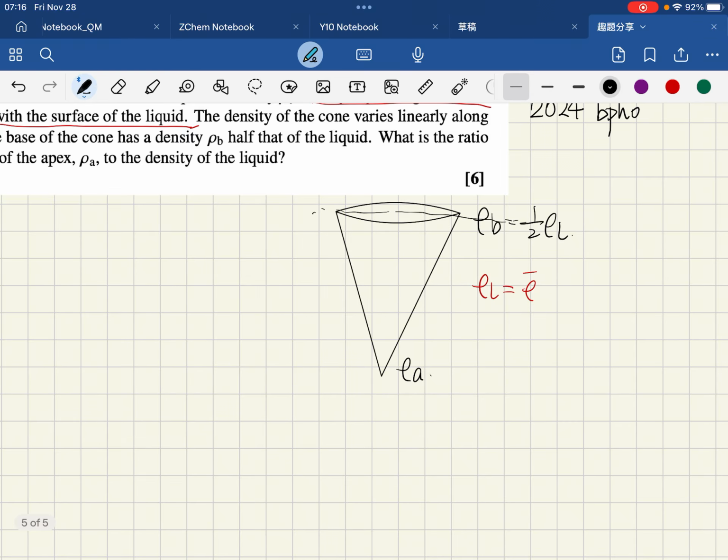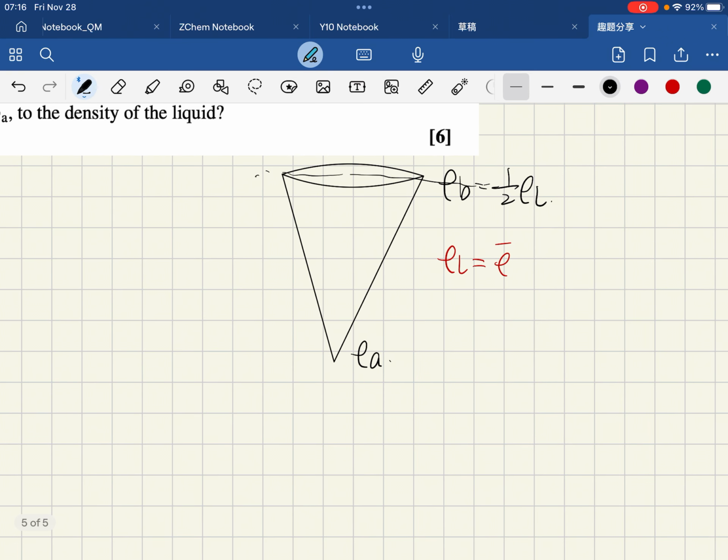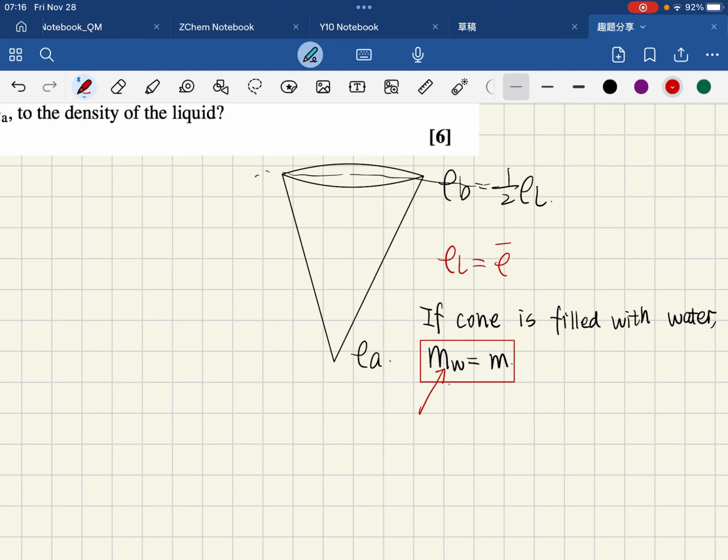Another thought about this floating is that if the total cone is filled with water, the mass should be equal to the actual mass of the cone. So let's use this formula. If the cone is filled with water, the mass should be 1/3 pi times big H times (big H tangent theta) squared.